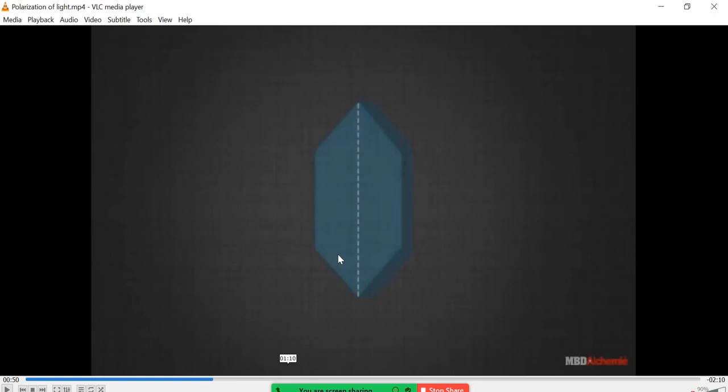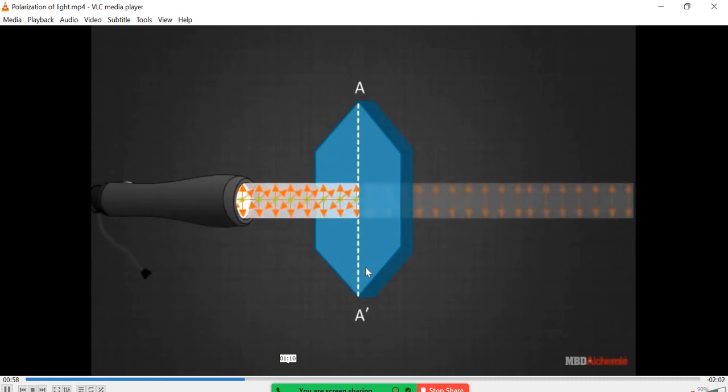Let's have a look at this video. So that's our filter with vertical. And that's the light, look, with different vibrations. The filter will allow just the vertical one to pass because our filter has a vertical slit.